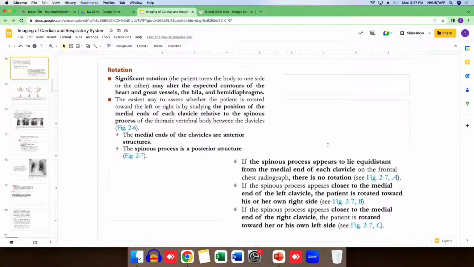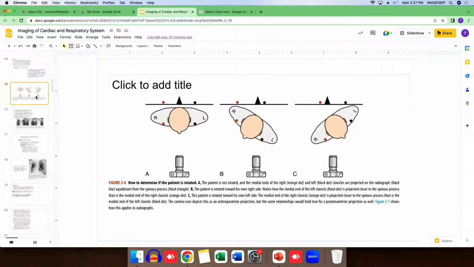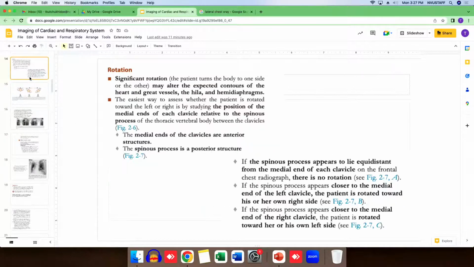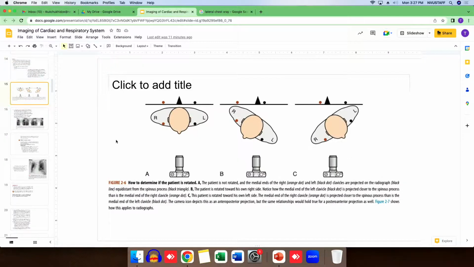So here we have several ideas of how the patients can be standing. For example, if the spinous processes appear to lie equidistant from the medial ends of each clavicle on the frontal chest radiograph, it means that there is no rotation at all.